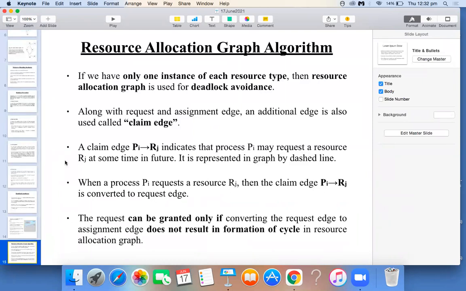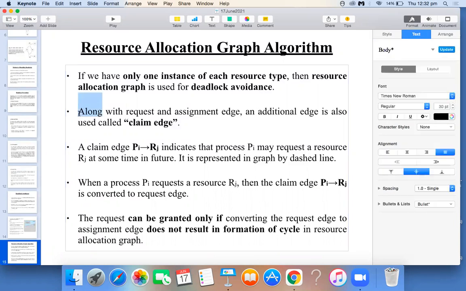Okay, observe the second point. What does it say? Along with the two edges, the request edge and the assignment edge, in this allocation graph we also have one more edge called the claim edge. You can see that written in bold font, claim edge. Now what does the claim edge indicate?